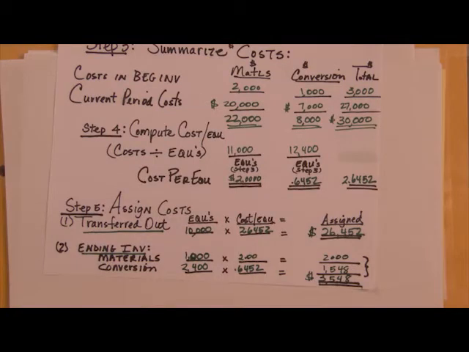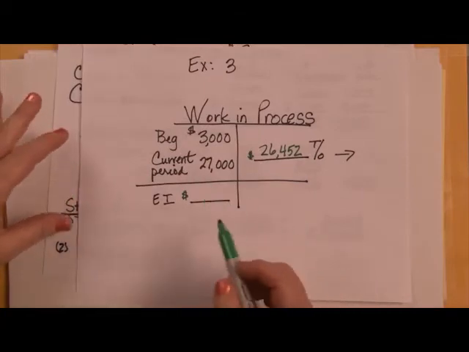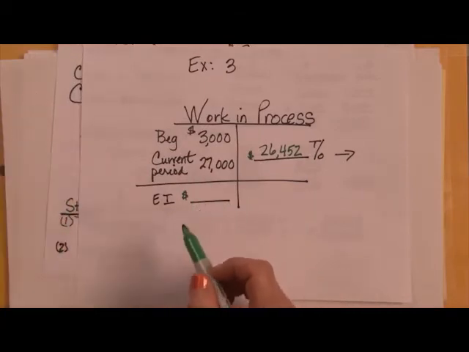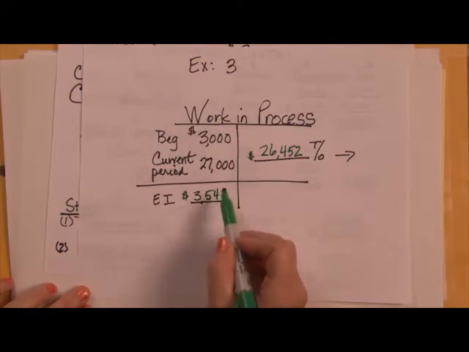So when we set out to do this problem, our task was to find the dollars that should be assigned to transferred out and the dollars that should be assigned to ending inventory. So let's complete our process here of calculating, and we will be adding 3,548 here.